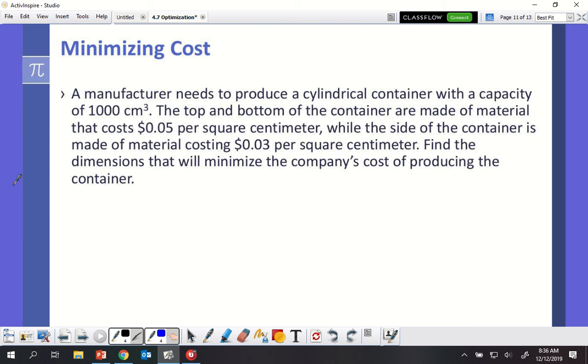All right, so a couple things I know. I know that my capacity, my volume, has to be 1,000. So I have two functions here. So I have 1,000 cm cubed.